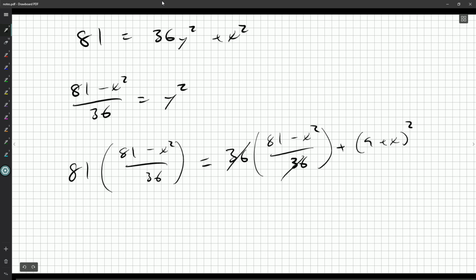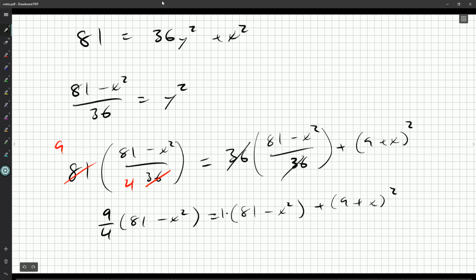So the 36 cancels out. There's a factor of 9 in each of these that cancels out. So it looks like we get 9/4 times (81 minus x squared) is (81 minus x squared) plus, we'll leave it as (9 plus x) all squared for another moment. If I subtract 1 from 9/4, I get 5/4.